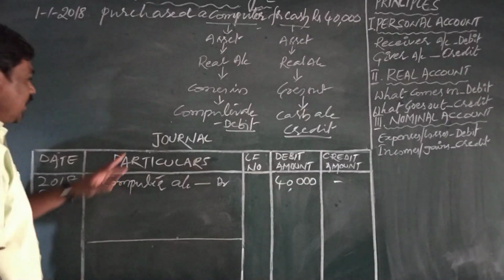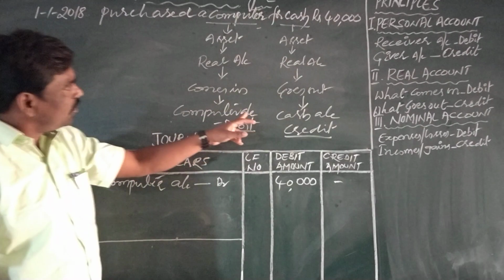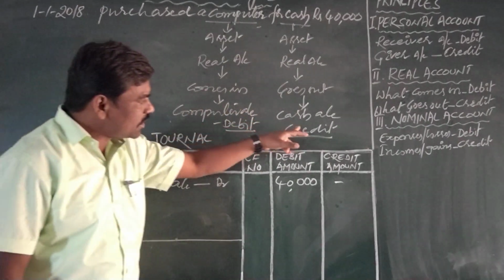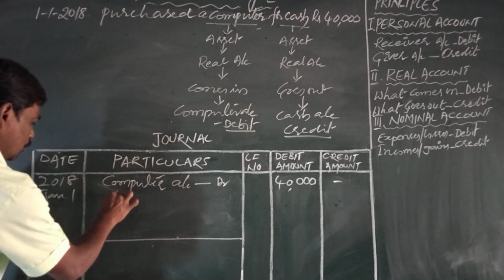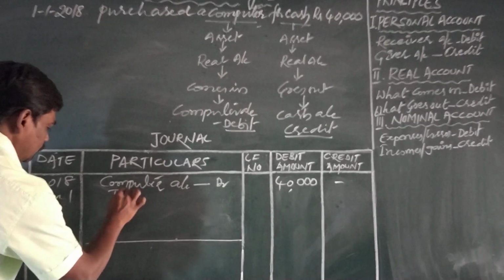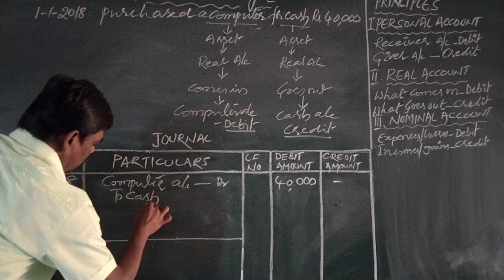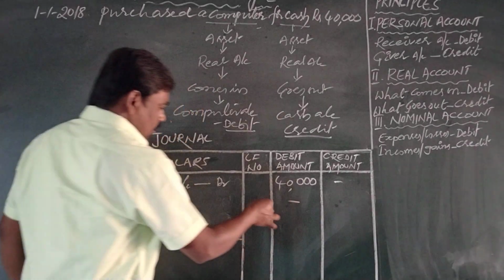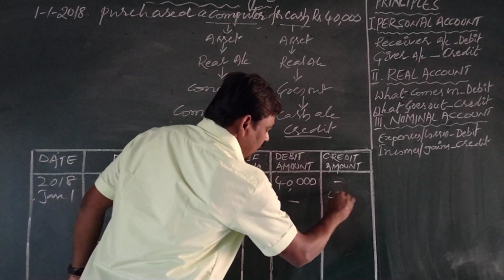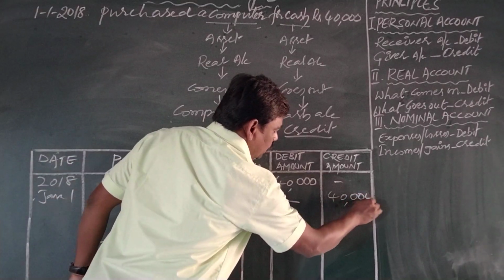Now, which is the credit account in this transaction? Yes, the cash account is the credit account. Write 'To cash', and in the credit column write the amount against the cash account.